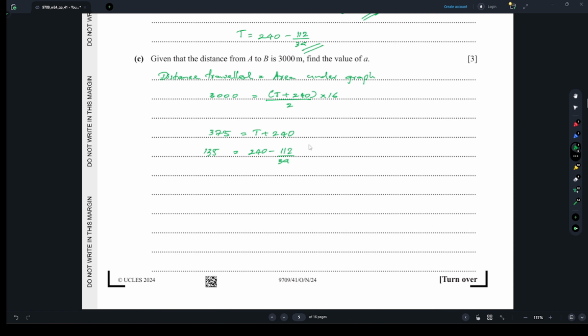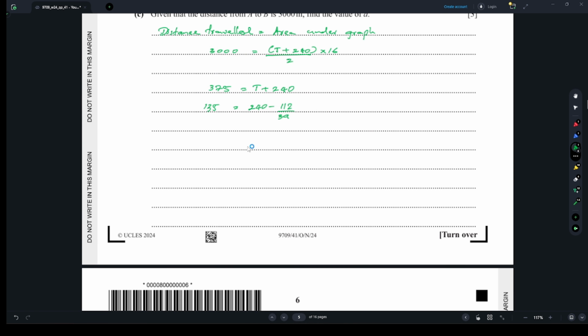So from this one, what can we do? I can bring 112 over 3a to the left side and 135 to the other side. Then I can write 112 over 3a equals 240 minus 135, which is 105. And then I can find a by cross multiplying.